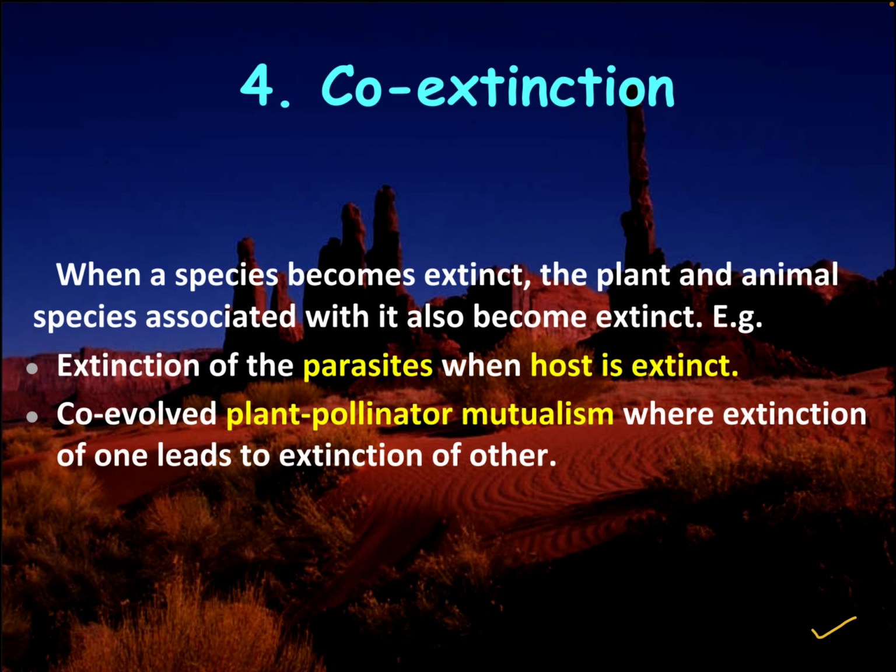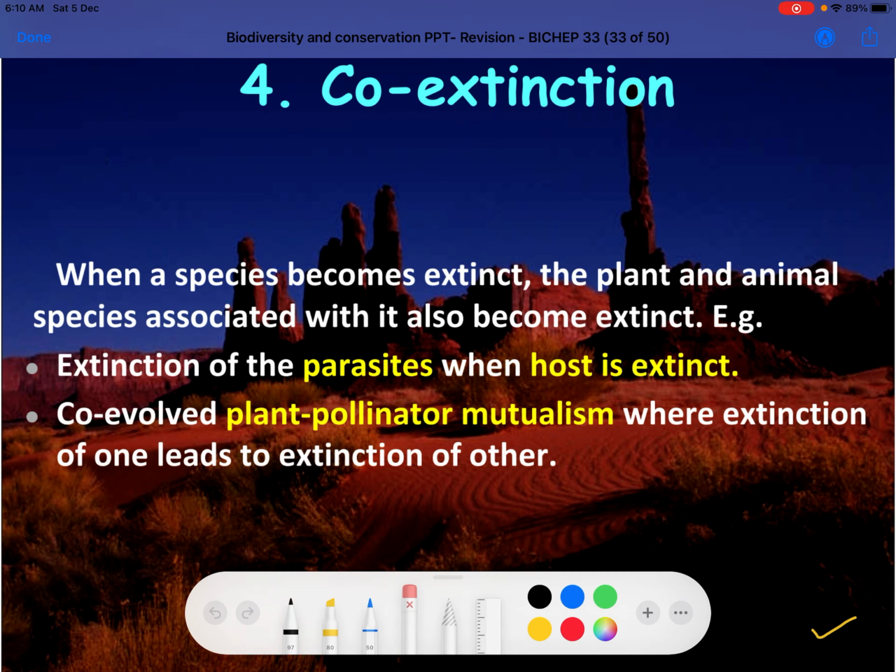And the last one, the fourth reason why we face the loss of biodiversity, is co-extinction. Now this is a very common phenomenon which is observed.